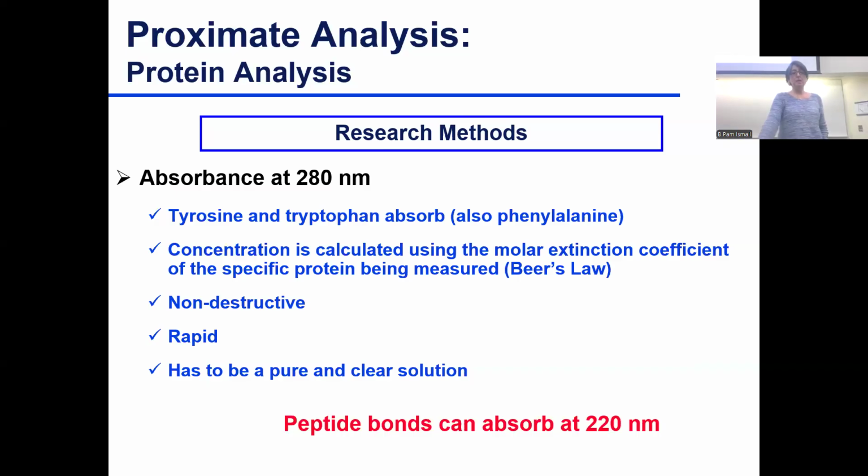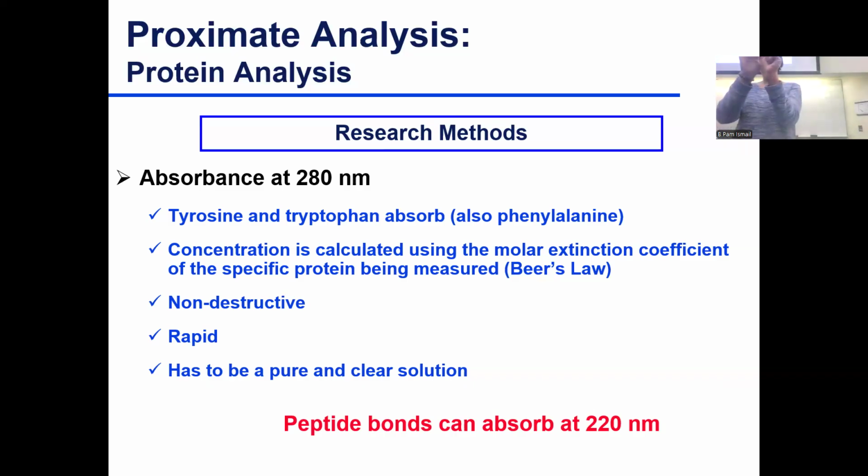Now, this can be used for all sorts of protein because all proteins have a certain proportion of tyrosine, tryptophan, and also phenylalanine that absorb UV light. However, if we want to determine the protein content in a hydrolyzed sample, that means you have peptides rather than a full sequence of protein.